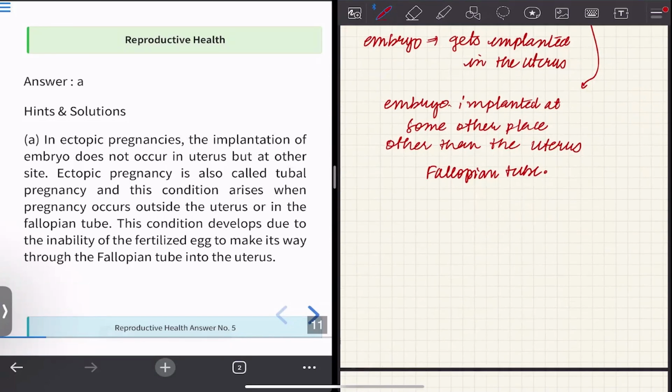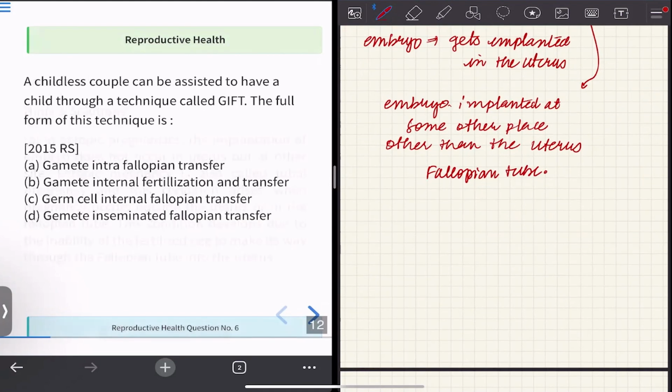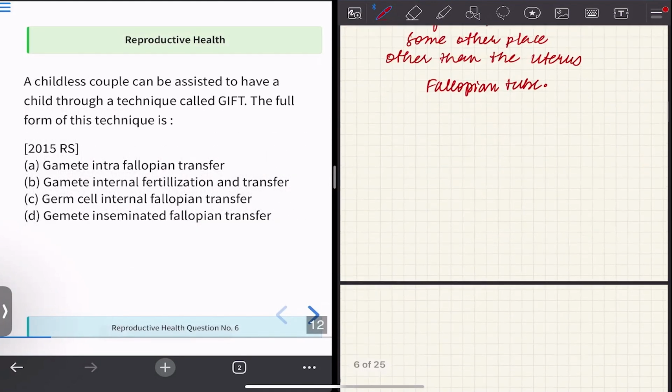And moving on to the next one, a childless couple can be assisted to have a child through a technique called GIFT. So what is GIFT? GIFT is the short form for gamete intrafallopian transfer.